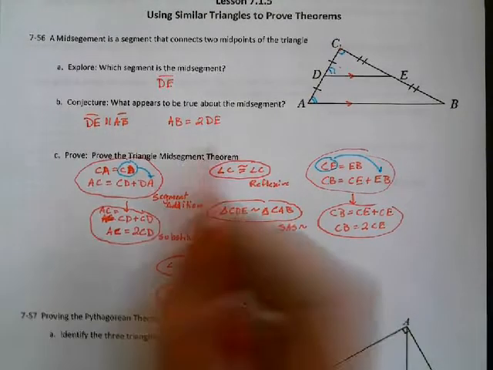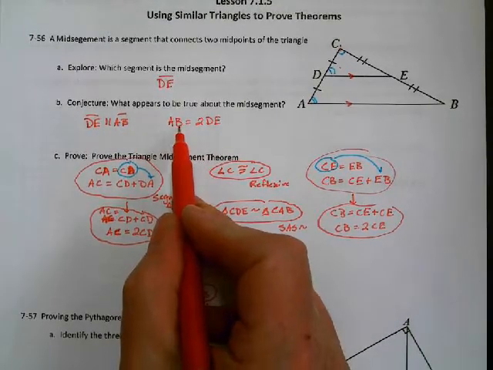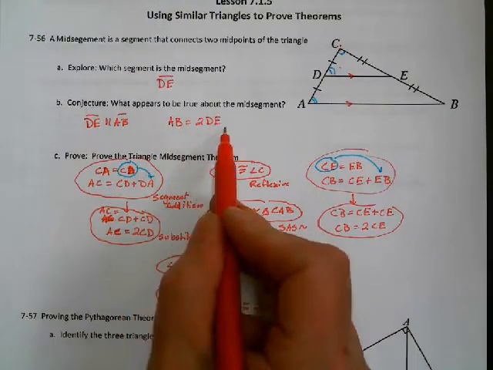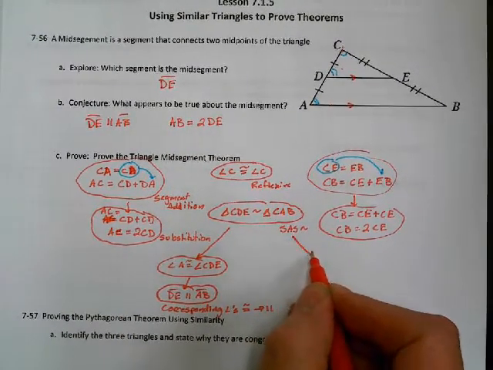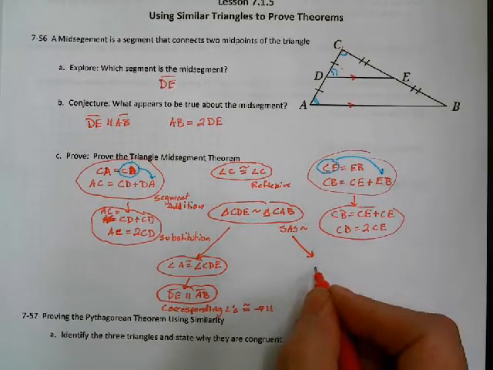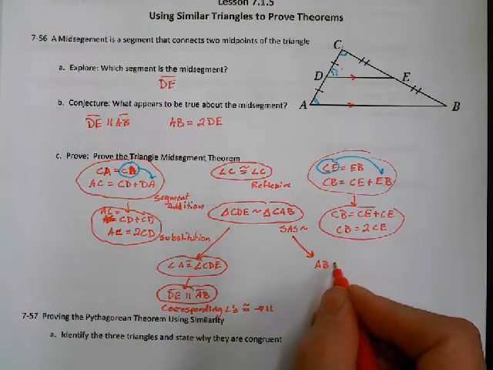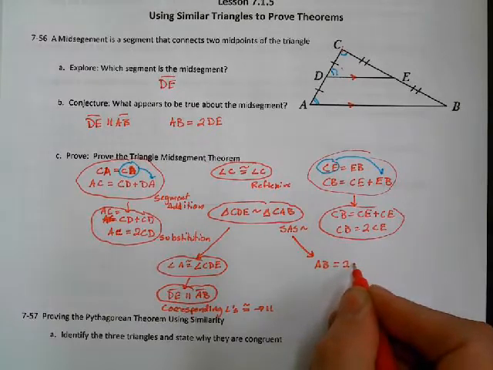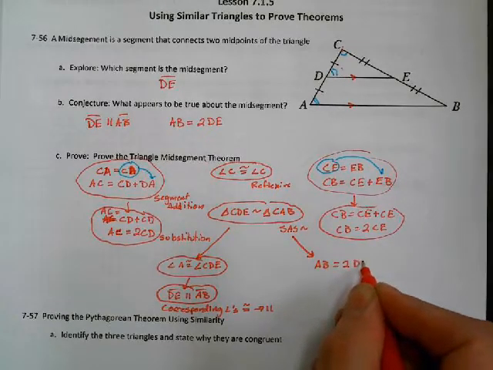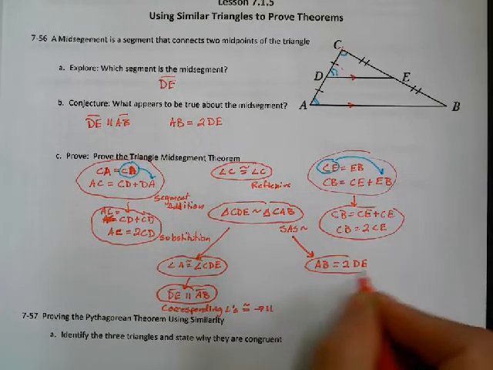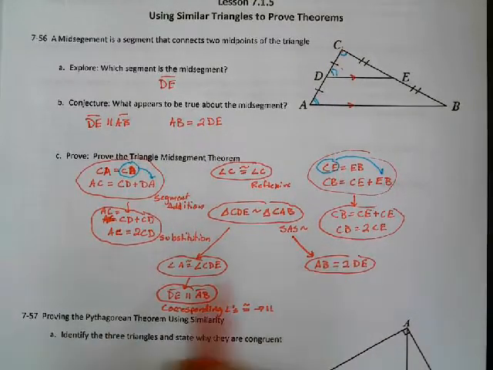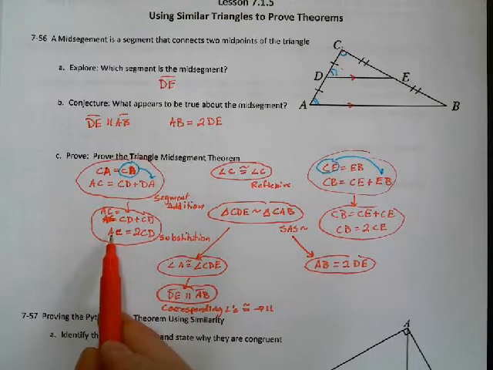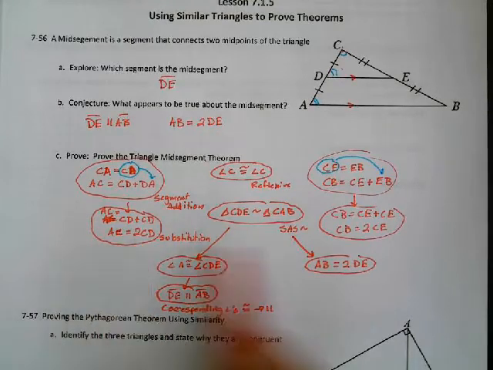The other thing that the mid-segment theorem says is that AB should be half of DE. And we can prove that in just one step. AB has to be half of DE because we said that they're similar. So all three of these sides have to have the same scale factor. Here we said the ratio is 1 to 2. Here we said the ratio is 1 to 2.